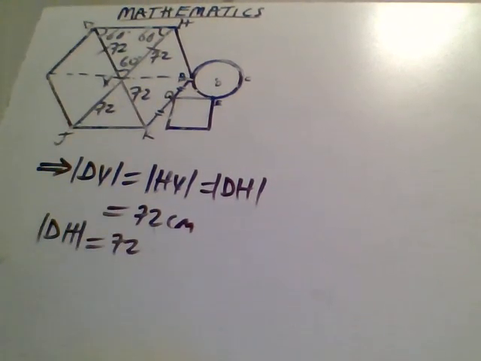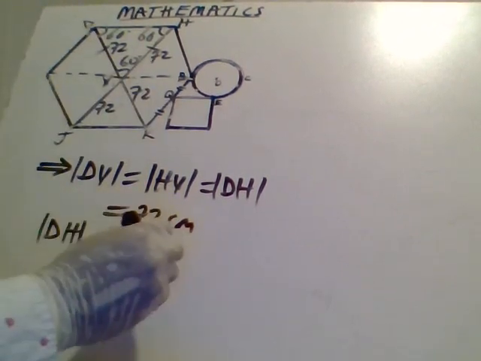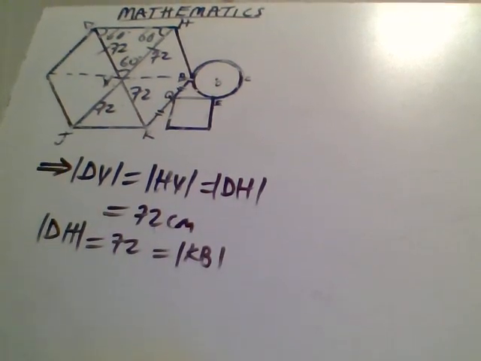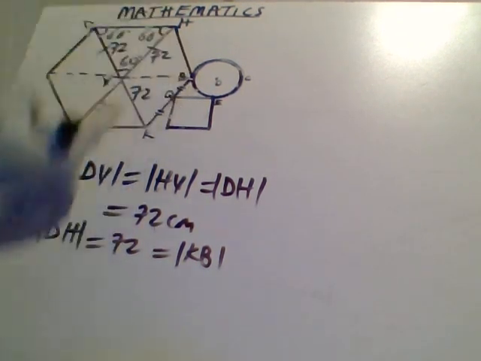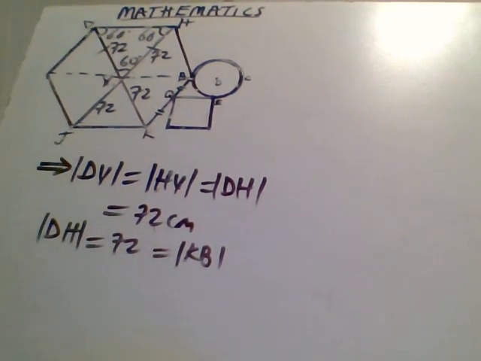So now as we are getting DH, which is the side of the hexagon, to be 72 cm, notice that KB is equal to DH because this is a regular polygon, and once it's a regular polygon, all sides are equal. So now we know that KB is equal to 72 cm.